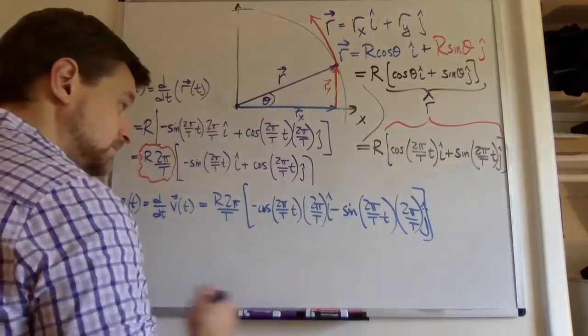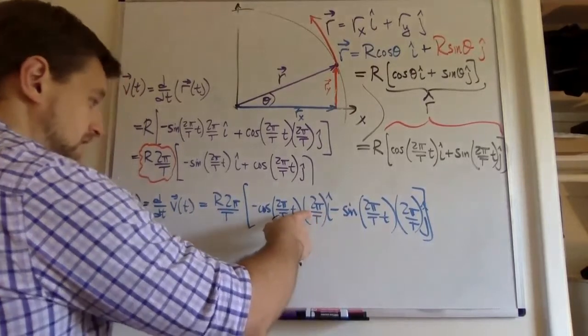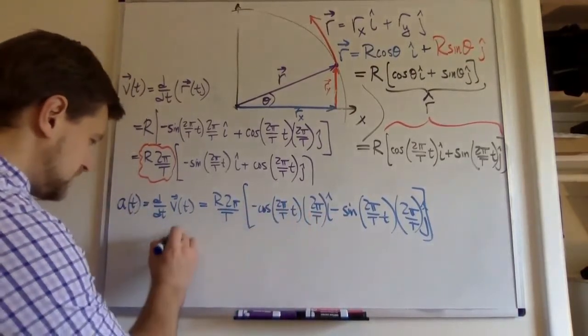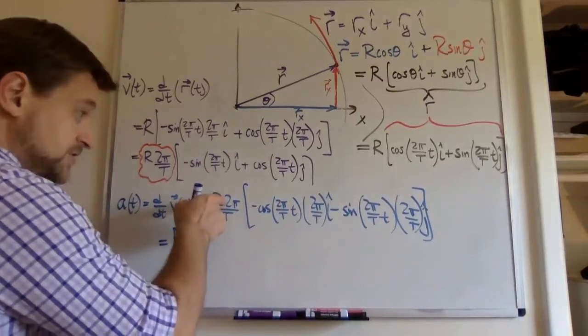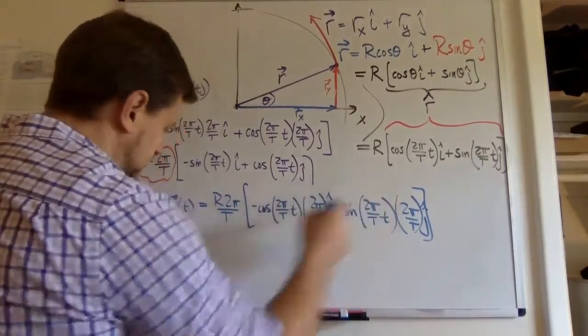Okay. Let's factor out the piece that's constant. So that's r. We have 2 pi. We're going to be factoring out another one.